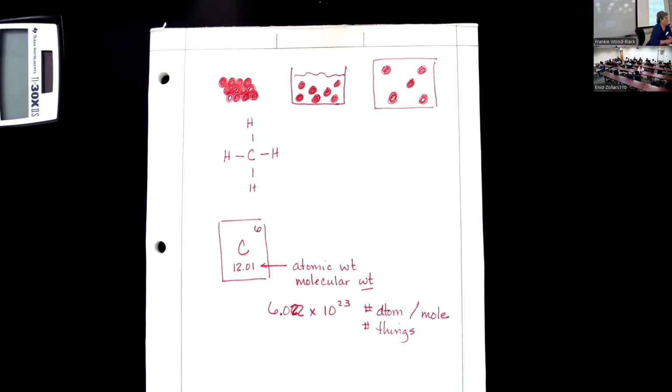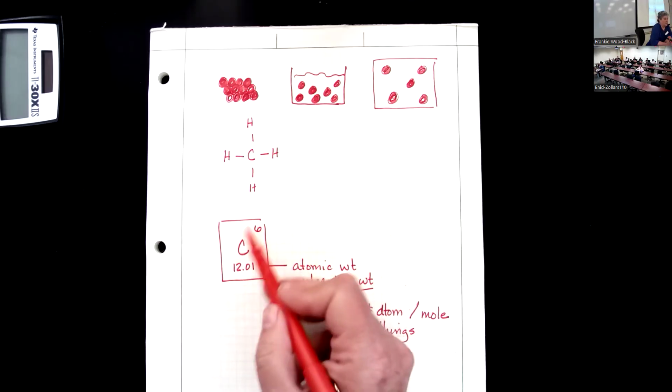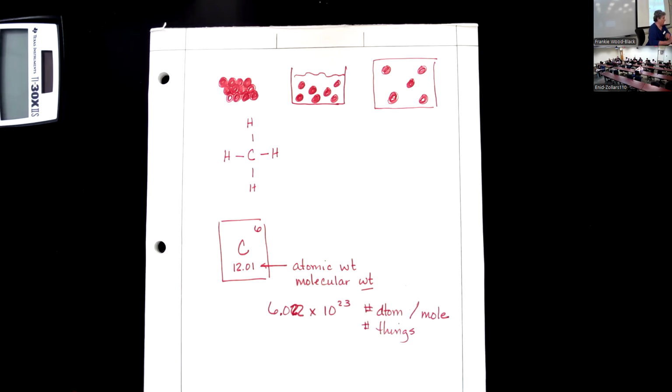That's a whole lot. That's Avogadro's number. So we will be going through this. We can represent our atoms through a variety of different items and different things.